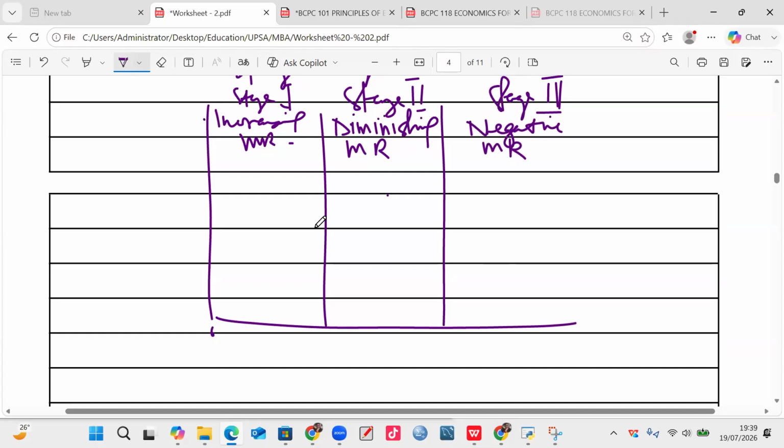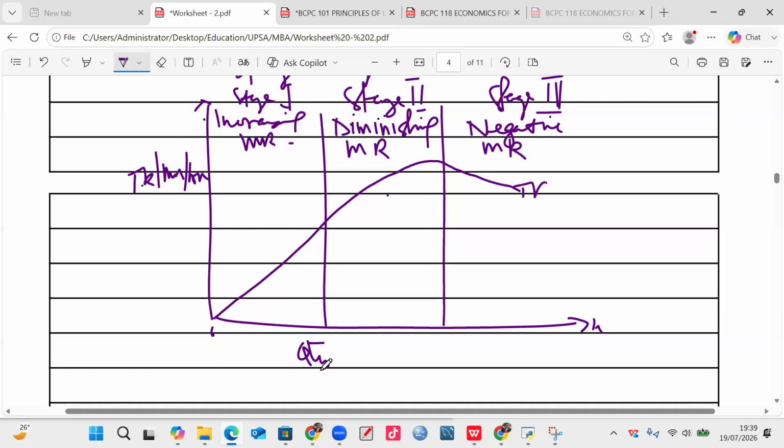So the clue is that the x-axis is the quantity, which is the units. Then we can call the y-axis the TR or the MR or the AR or the price. The first one is the TR curve. The TR increases, then it begins to fall.